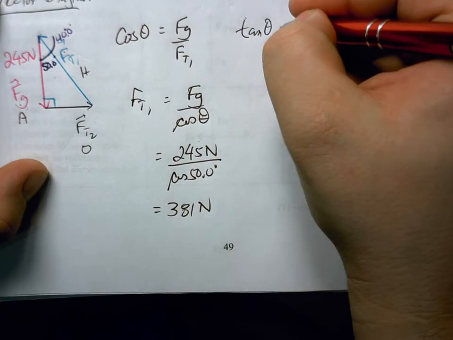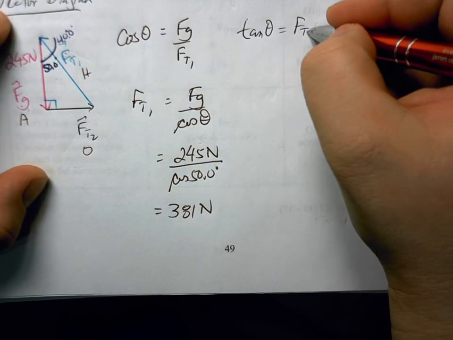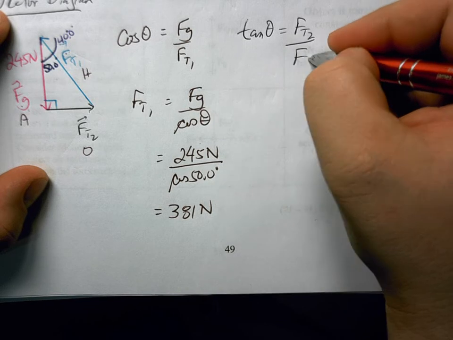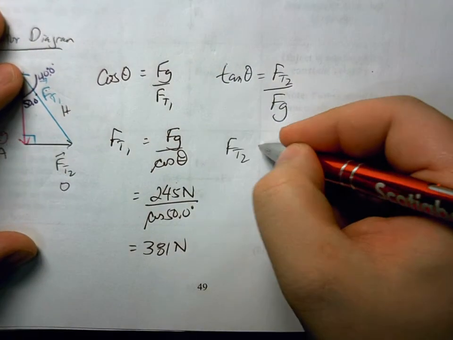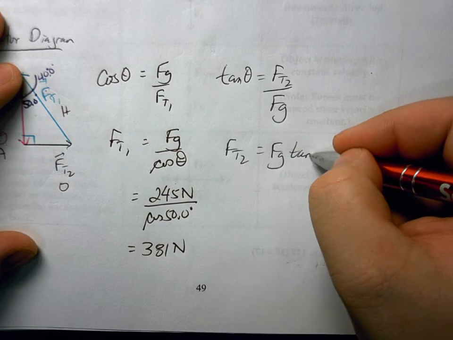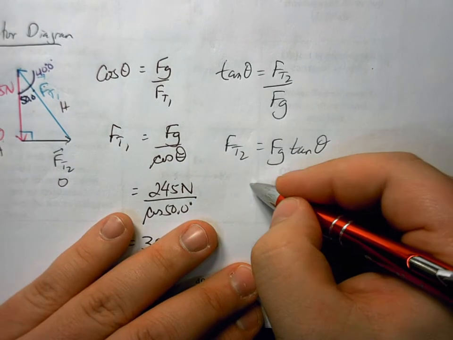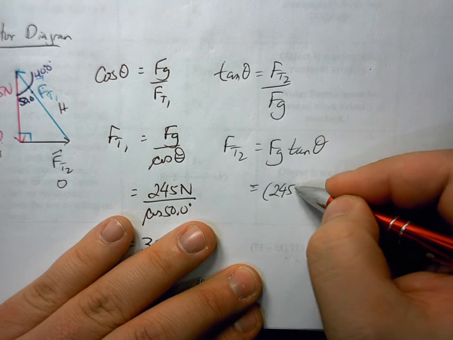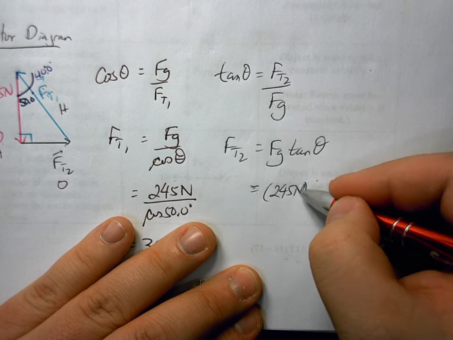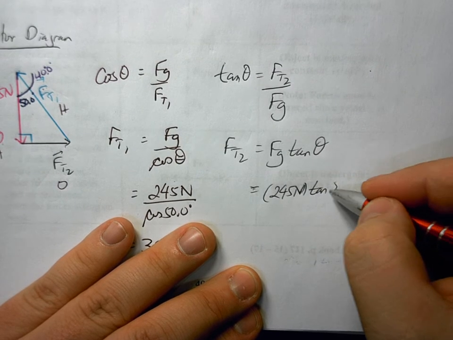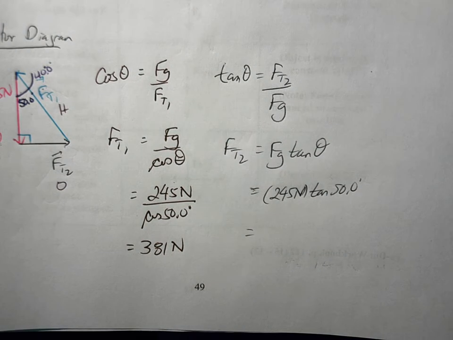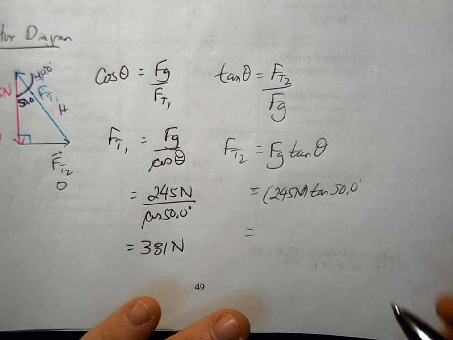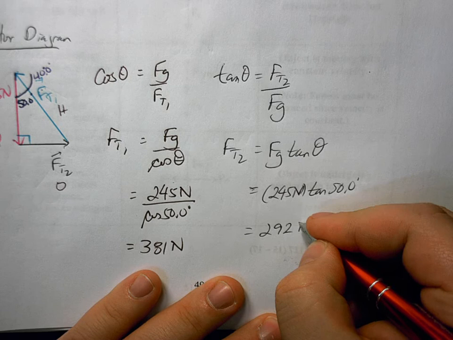Tangent of my angle is the magnitude of FT2 divided by FG, or FT2 is just FG times tangent of my angle. FG is 245 newtons, and tangent of 50 degrees gives us about 292 newtons.